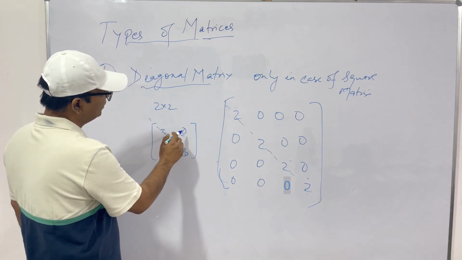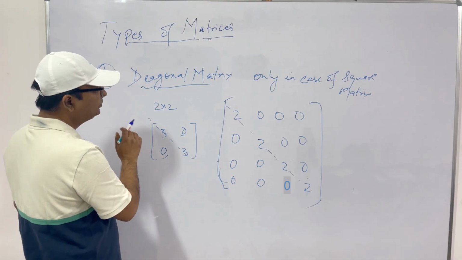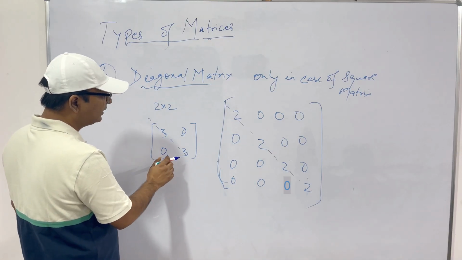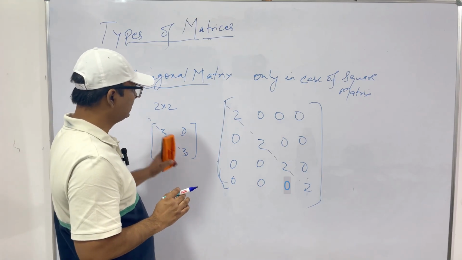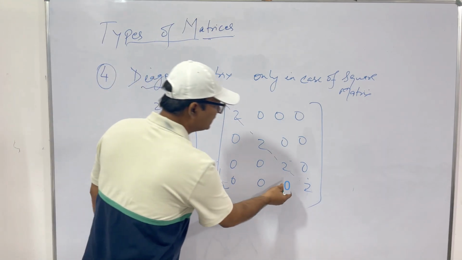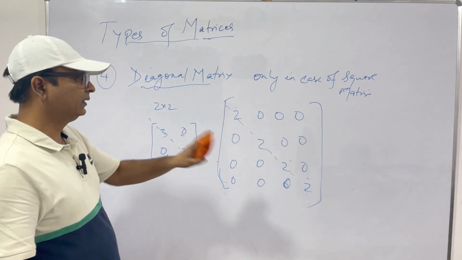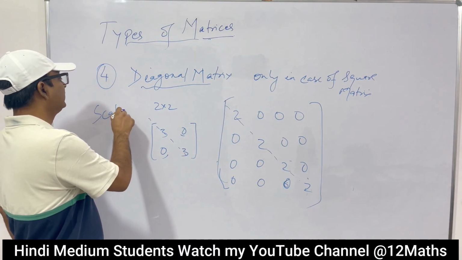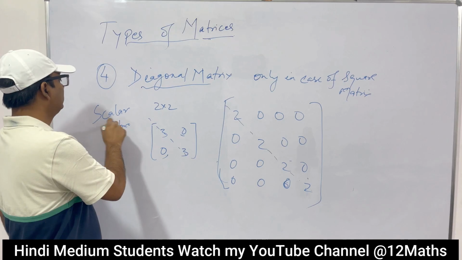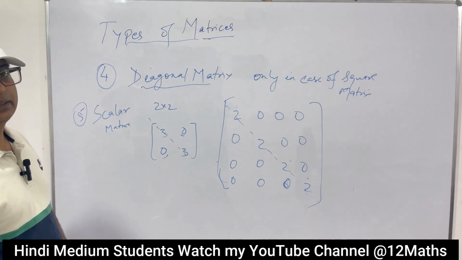All the non-diagonal elements are 0, and the diagonal elements are of the same magnitude. They are equal, that is 3, 3, or 2, 2, 2, whatever it be. Okay. Then in that case, we call that matrix a scalar matrix. So this is our fifth type. Clear? Very simple.